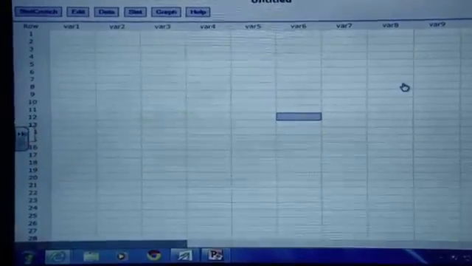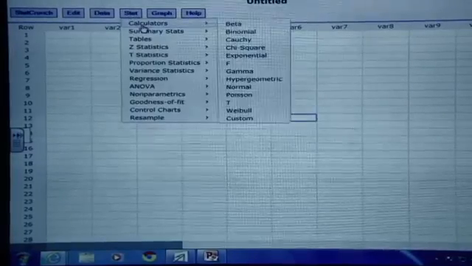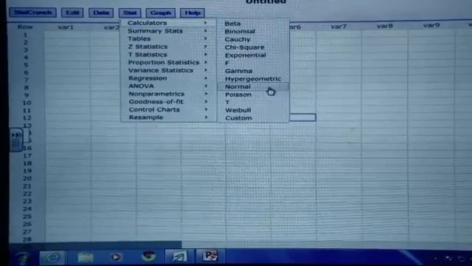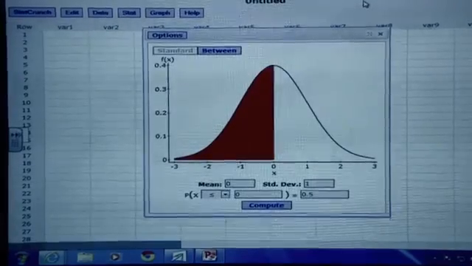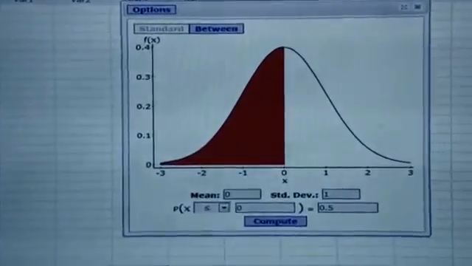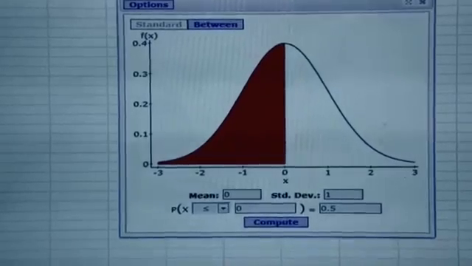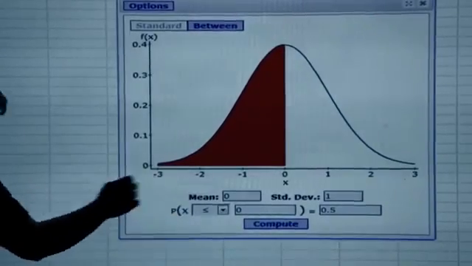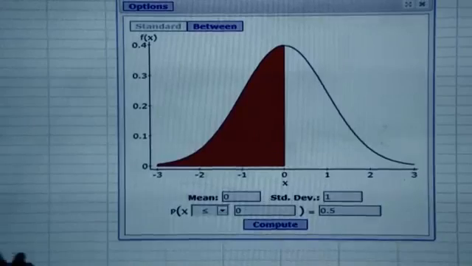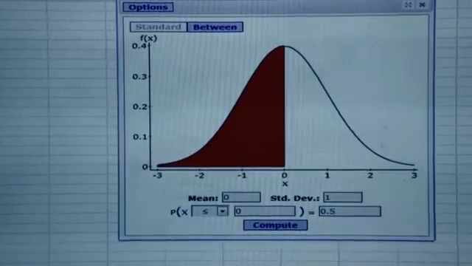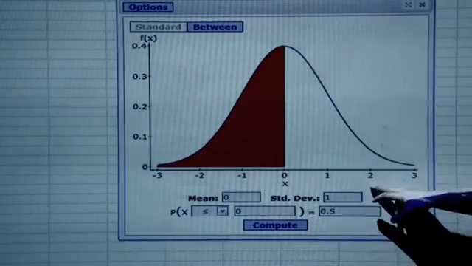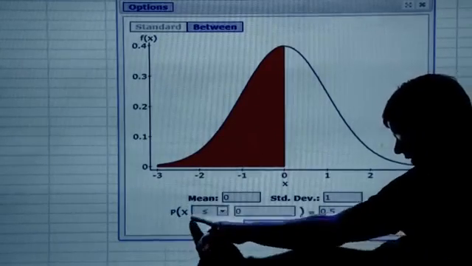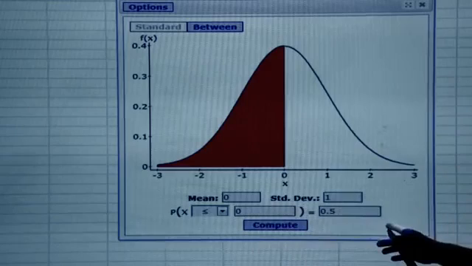All right, so here's StatCrunch. We've got a blank worksheet pulled up. And remember, I go stat, calculators, normal model. And if I pull that up, here is that normal model calculator that we use. All we need to do, students, change the mean and standard deviation to 70 inches for the mean, 2.5 inches for the standard deviation, and then we'll change this to probability x is greater than 72.